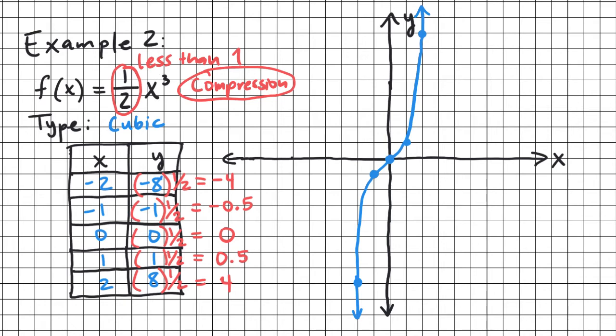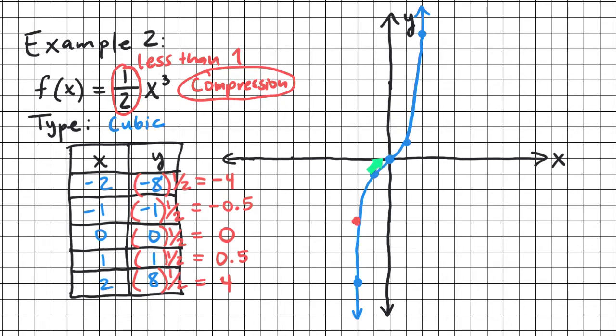So let's plot these points. Notice that the x's don't change, but the y's do. So let's plot the point -2x, -4y. That's going to go -2, then 1, 2, 3, 4 down. It's going to go here.